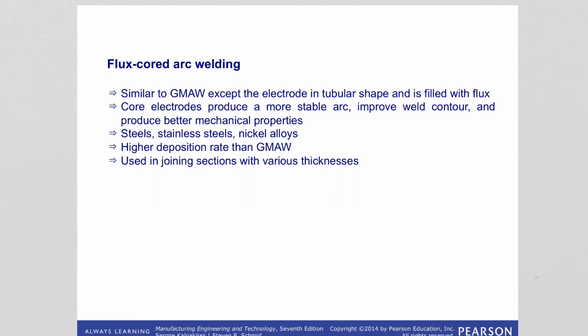Such cored electrodes produce a more stable arc, improve the weld contour, and produce better mechanical properties of the joint. This technique is used for welding various types of joints, mainly steels, stainless steels, and nickel alloys.